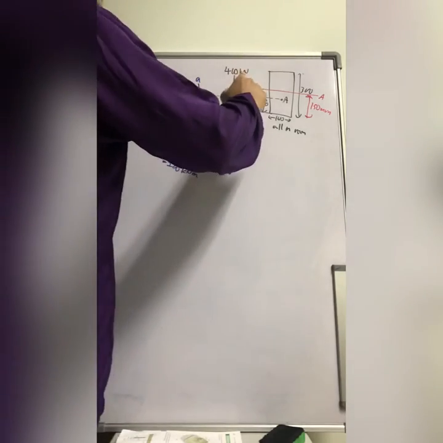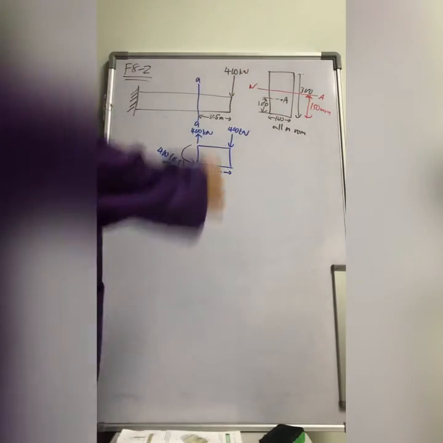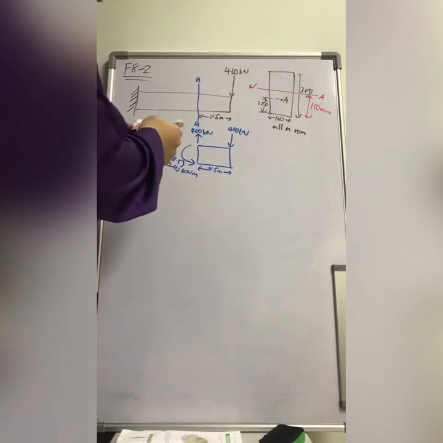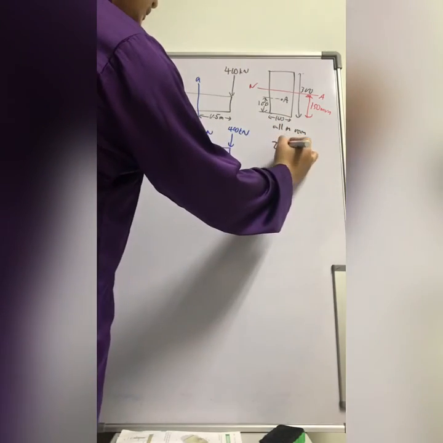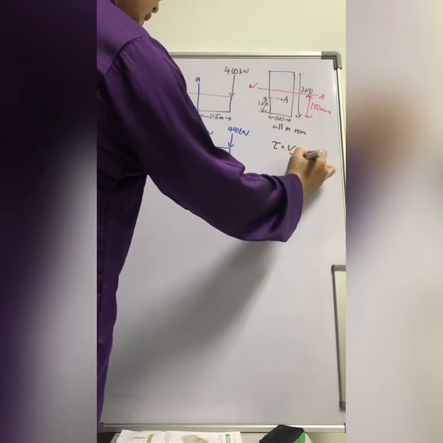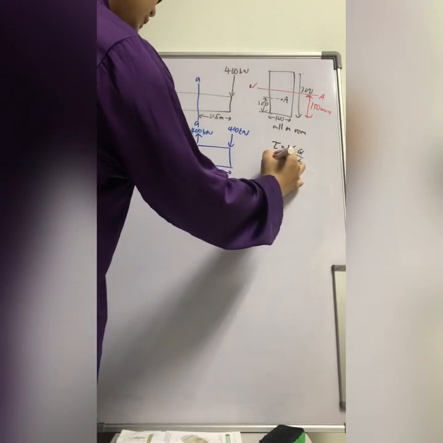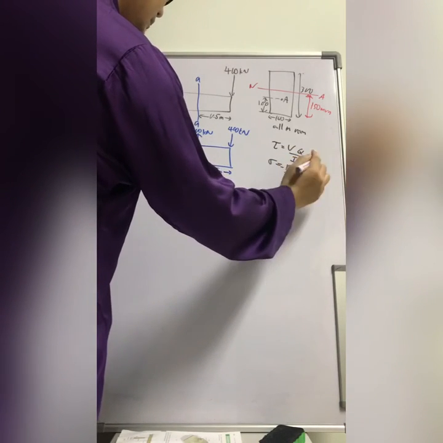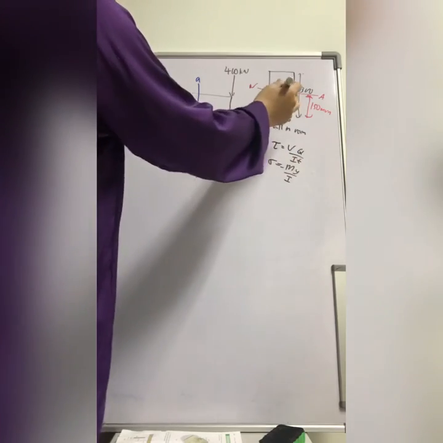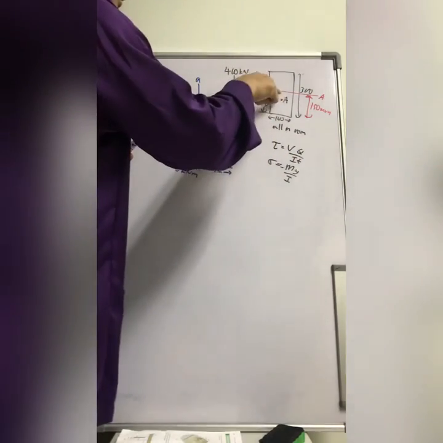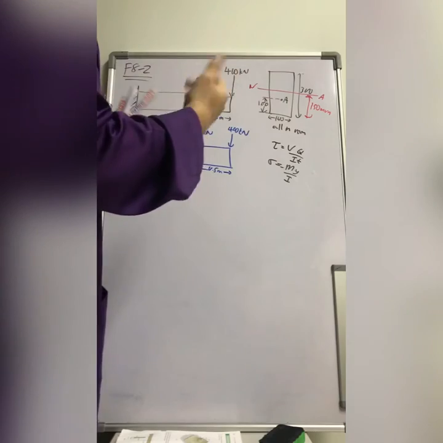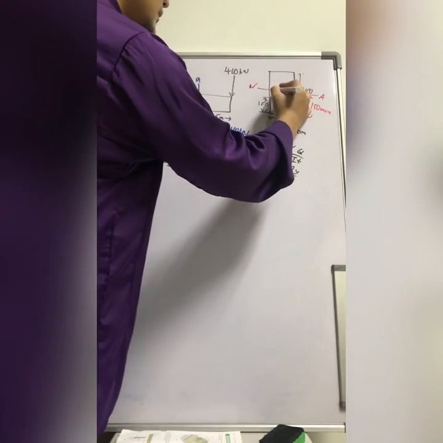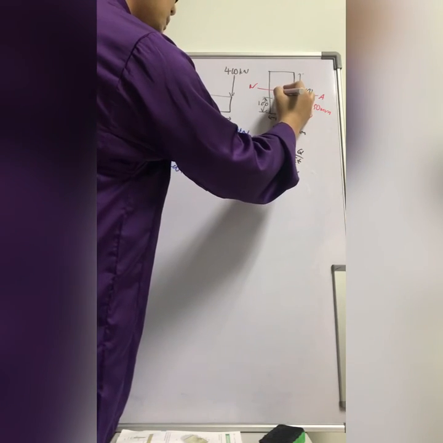The reason we need to determine this neutral axis is because for V you will use tau equals VQ over IT, while for M you will use sigma equals MC over I, not MC, but minus MY over I. And this point A, in this case, is 50 millimeter below the neutral axis.